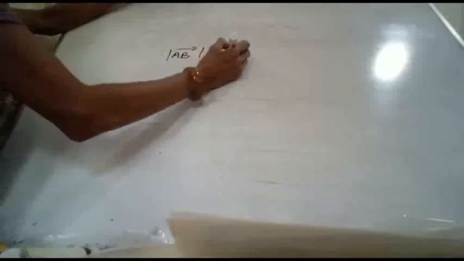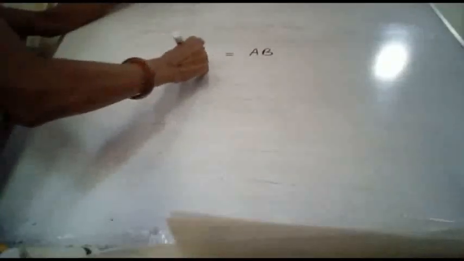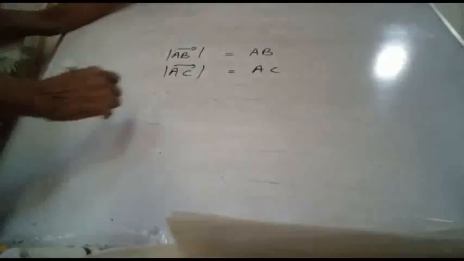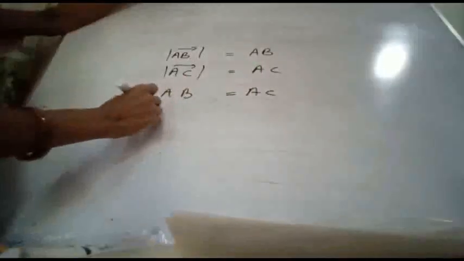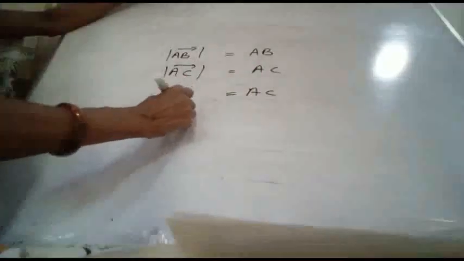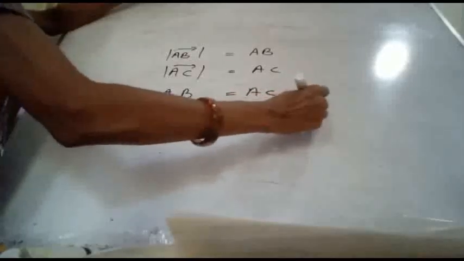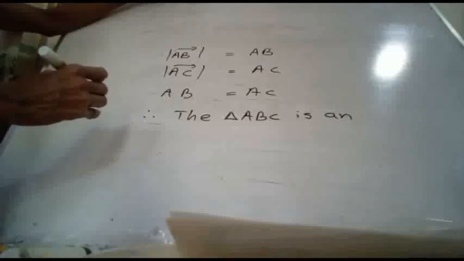Modulus of AB means the length of the side AB, and modulus of AC is the side length of AC. AB equals AC. Hence, the triangle ABC is an isosceles triangle.